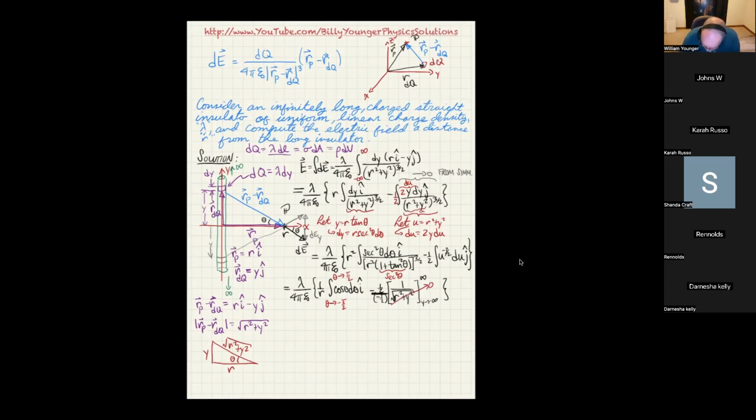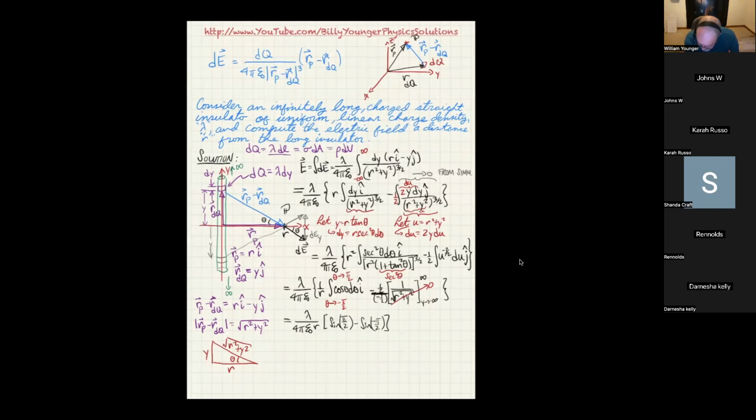Now back to the other one. Since I've gotten rid of that other guy, I'm going to say lambda over 4 pi epsilon naught r. And now, like I said, the integral of cosine was sine. So I'm just going to put the sine of pi over 2 minus the sine of negative pi over 2, which again, I could have just replaced this and put a 2 up on top, and then integrated and made it sine of pi over 2 minus sine of 0.